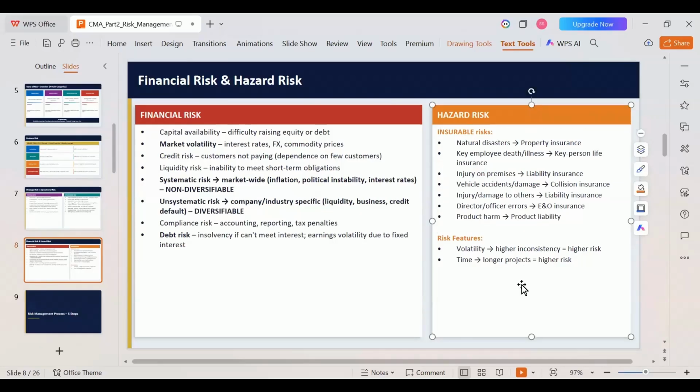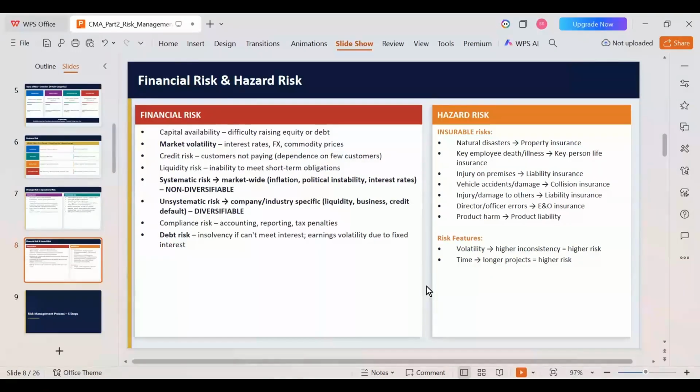Then comes key features of risk, which is volatility and time. Let us understand this with a small example. When it comes to volatility, the best example I can take is stock markets. If you compare individual shares of a company to gold ETFs, everybody knows that gold is more stable than company shares.